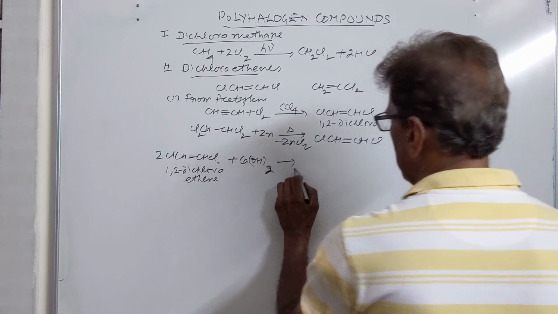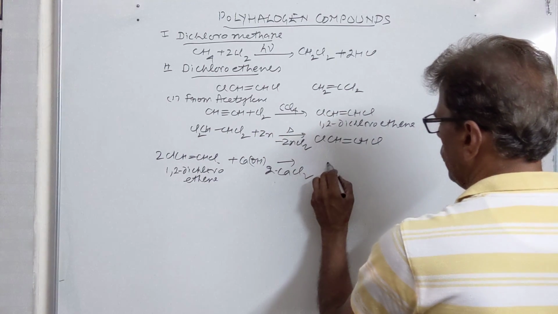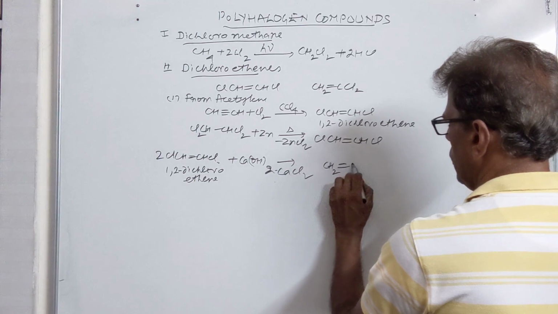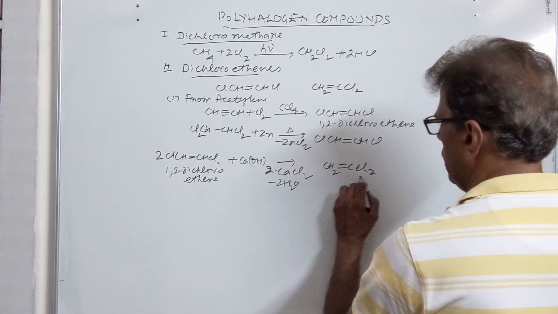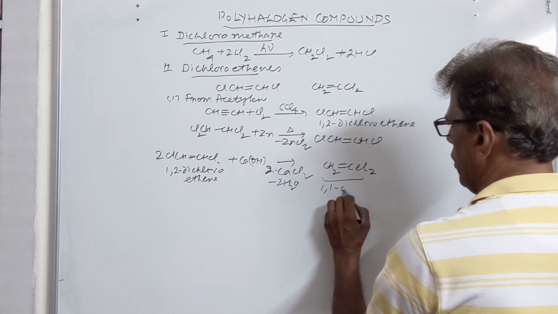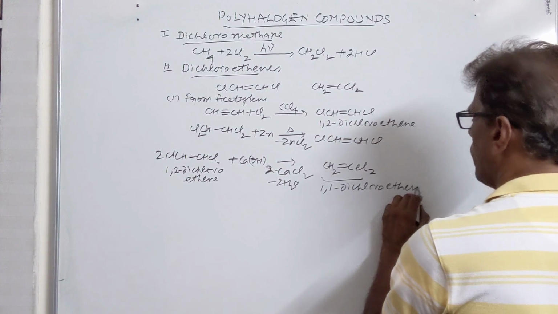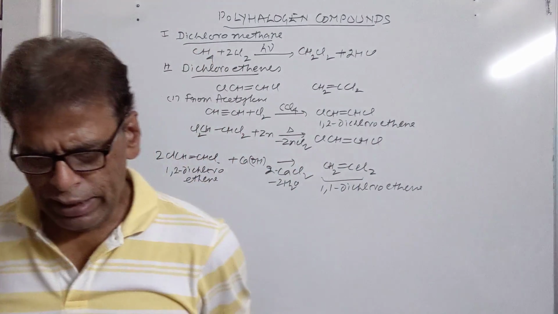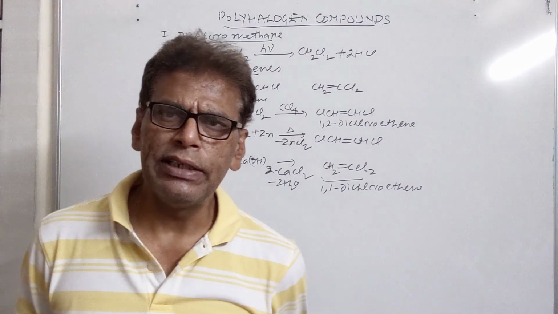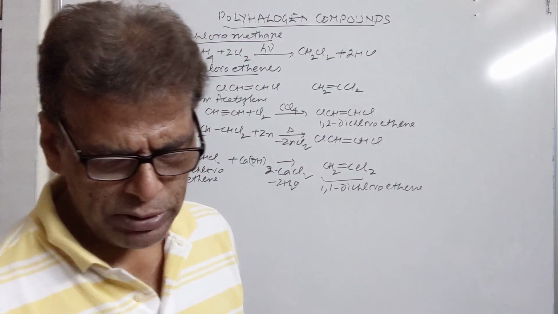It will eliminate CaCl2 and give you CH2=CCl2, removing 2 water here. This is 1,1-dichloroethane. So these are the 3 compounds. Dichloroethanes are used as solvents and in dry cleaning.